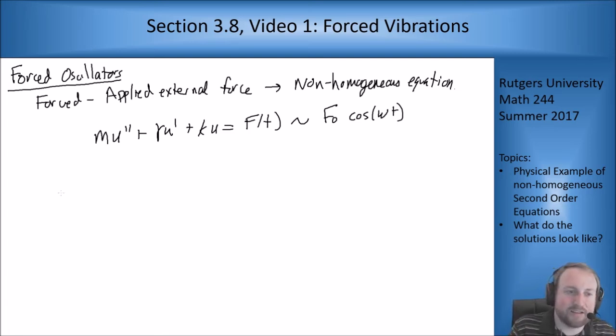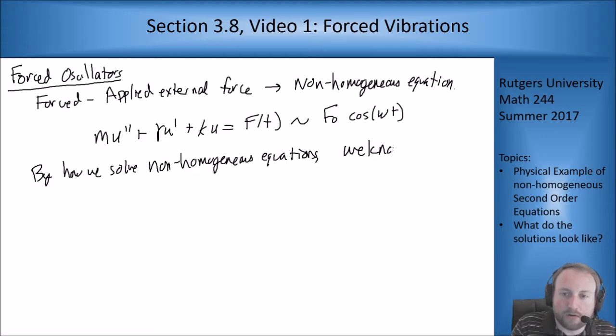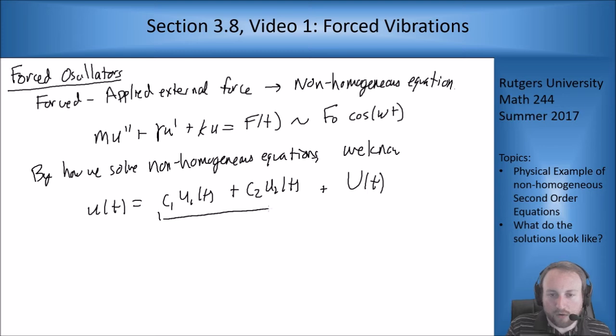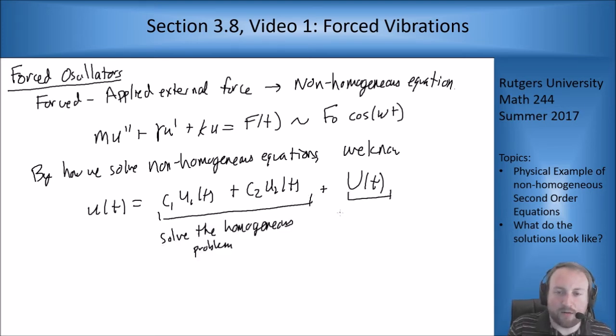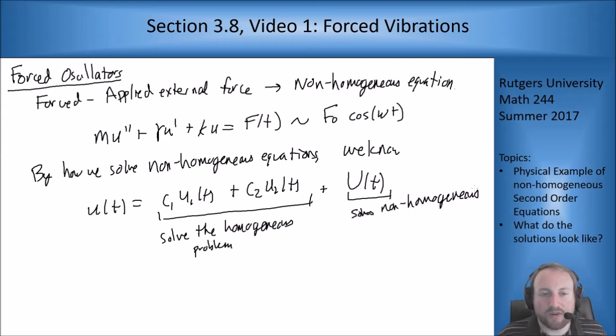In either case, we know what the solution is going to look like. u of t, the answer, is going to be c1 u1 of t plus c2 u2 of t plus some function capital U of t, where u1 and u2 solve the homogeneous problem, and capital U solves the non-homogeneous problem, right? That's what we get. We get the homogeneous part plus whatever particular solution we find to solve the non-homogeneous part.